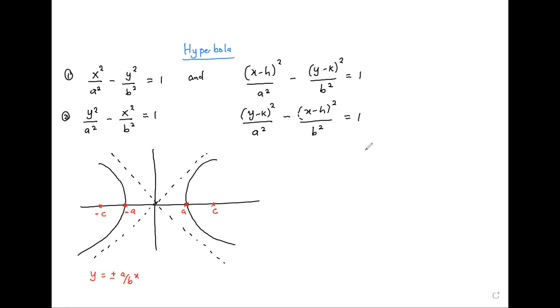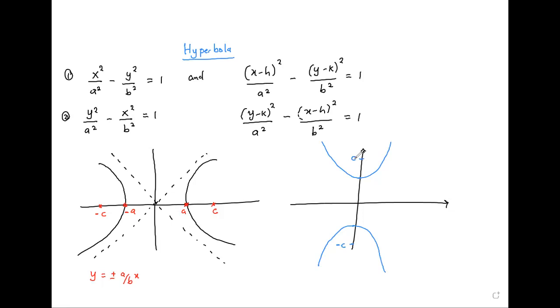For the other one, which is a bit more detailed now, if I place it on the y-axis, then this one is negative c and this one is positive c.